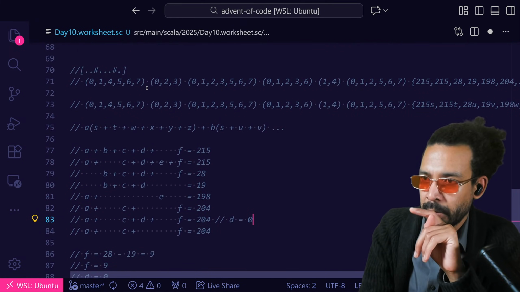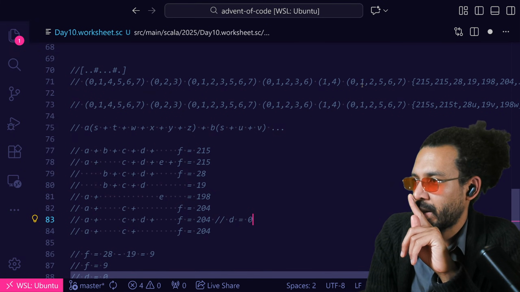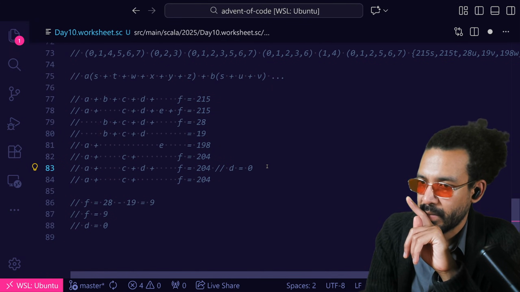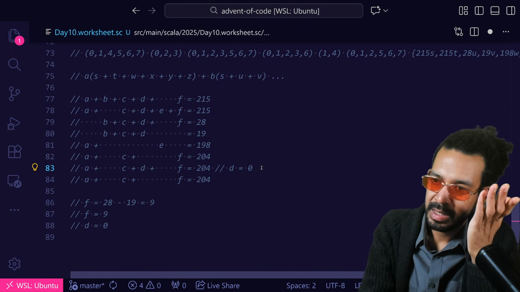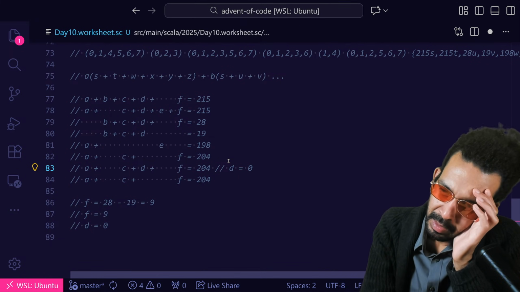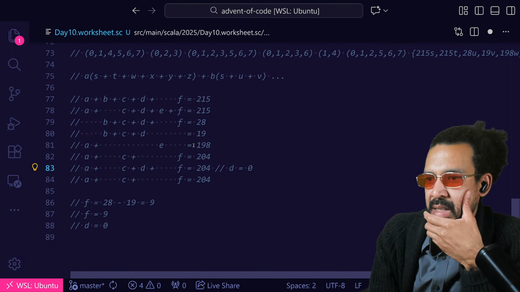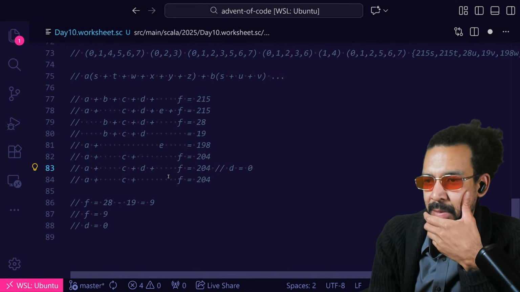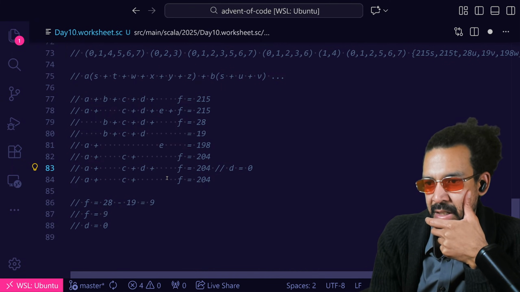So 6 is everywhere 5 appears, and then also one more time in here. So that makes D equals 0. And again, I guess we could just say we subtracted one equation from the other to get there. So we're kind of doing Gaussian elimination-ish stuff.